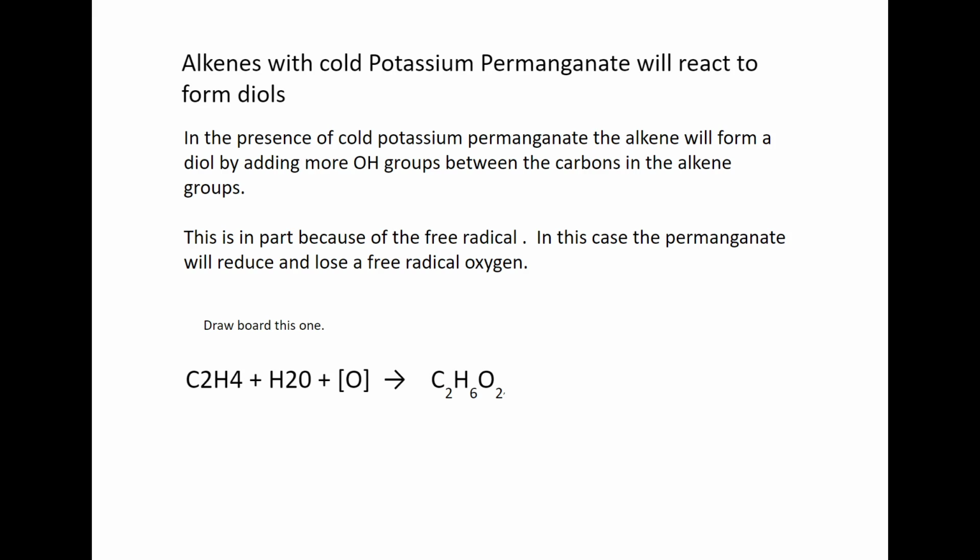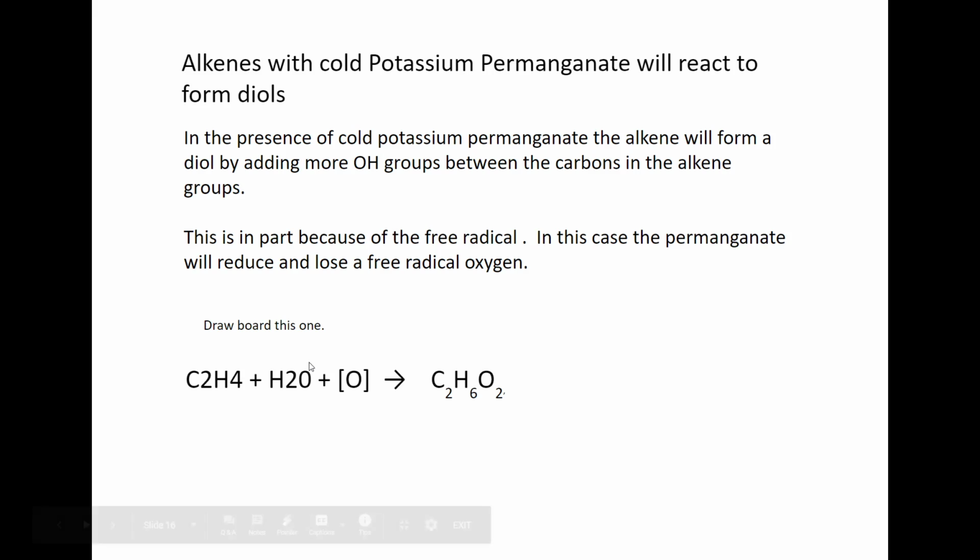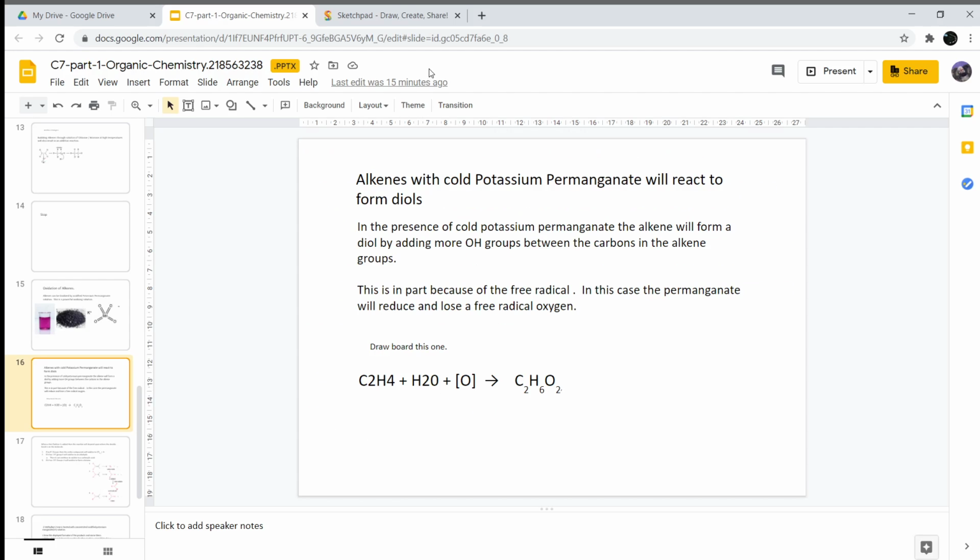Okay, it just basically attacks that double bond really quickly and effectively, and it's going to add an alcohol group to both carbons. And we need to make sure that we're including the water in this particular reaction, because this is also how we get our OH groups. So let me show you what that's going to end up looking like here.